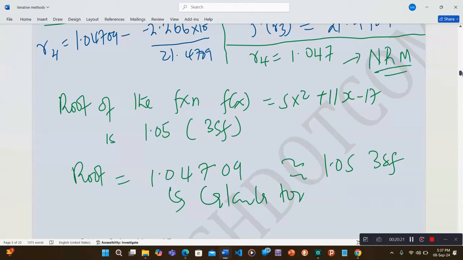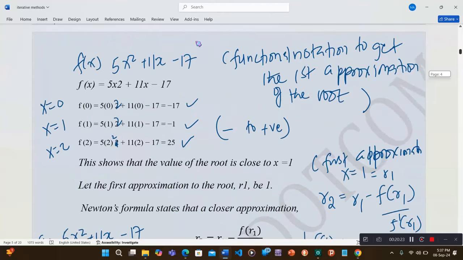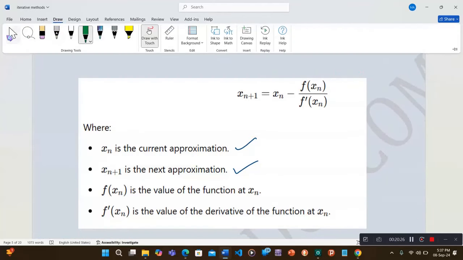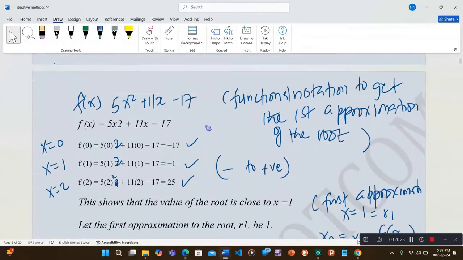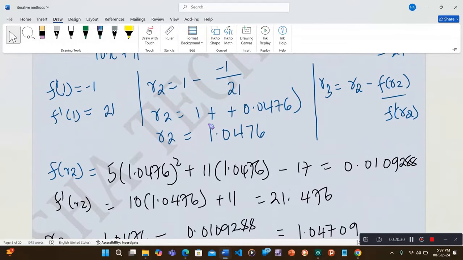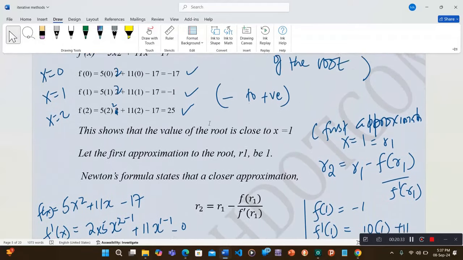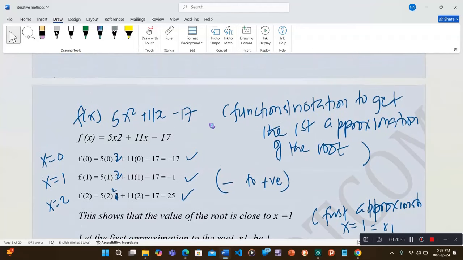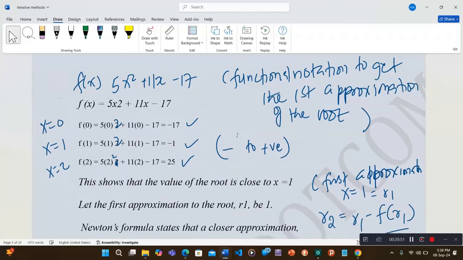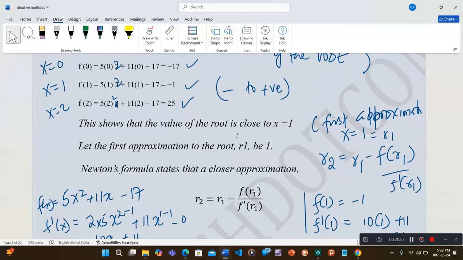So you can see we are able to approximate the root of any function using the Newton-Raphson method. What you have to keep in mind is that you use the functional notation approach to give a reasonable approximation of the first root. Then you use the Newton-Raphson method using the first approximation to arrive at the final value.